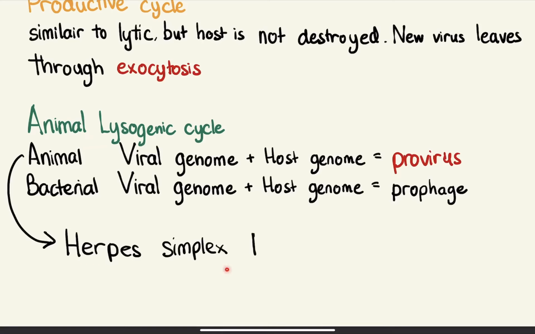You might notice that if somebody has herpes, they will generally have outbreaks from time to time when they reflect the characteristics of the virus. There are times when it's really not that bad, and that's because it's a lysogenic cycle.